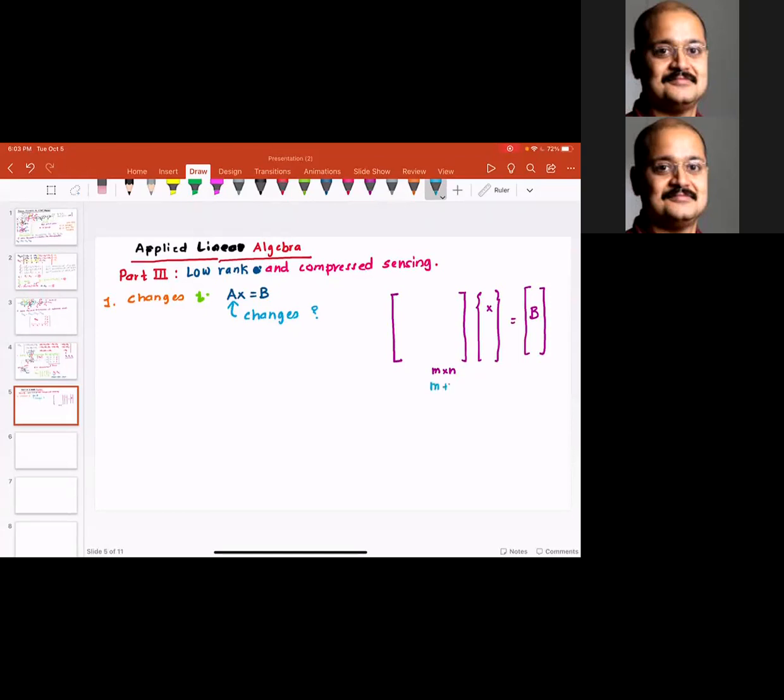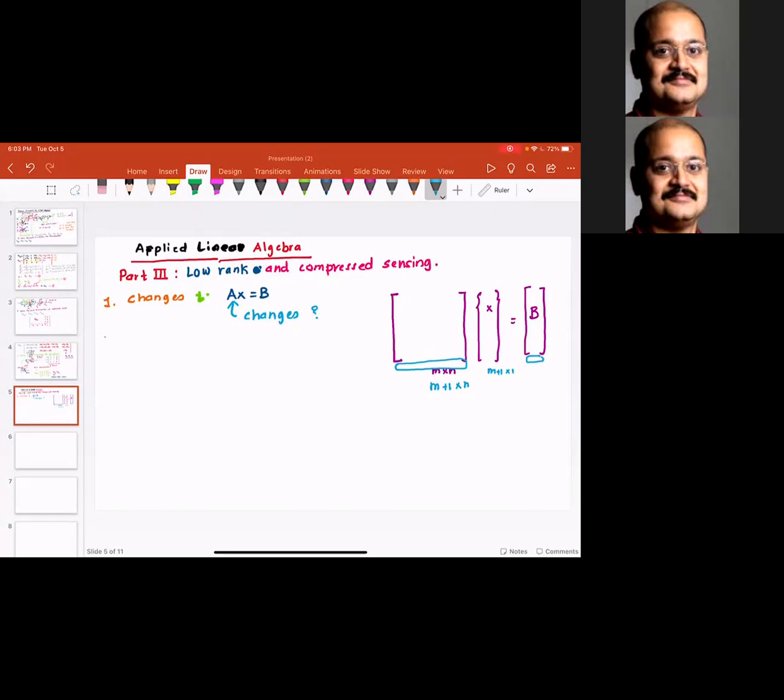So it becomes m plus 1 times n. With this addition of a row, how do we find this updated solution when the matrix gets updated?